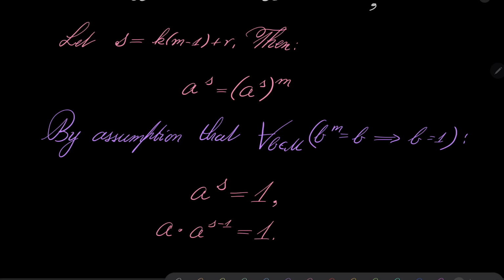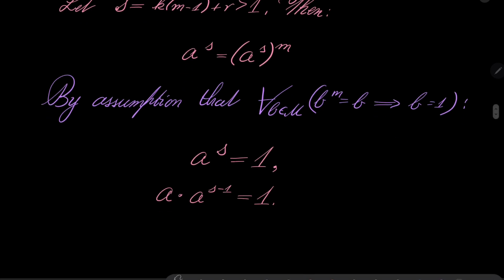Also, note that, of course, all these numbers were positive, so s is greater than or equal to 1, so it makes sense to take it to the power s minus 1. Even strictly greater than 1. Alright, so notice that a is invertible, because its inverse is a to the power s minus 1.